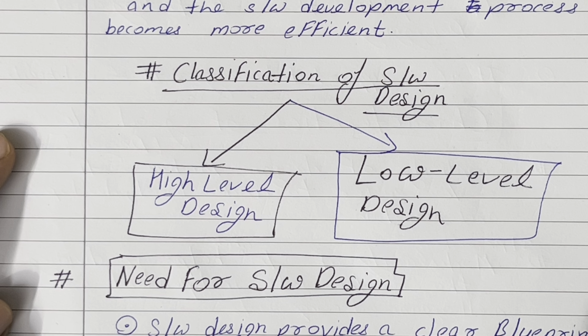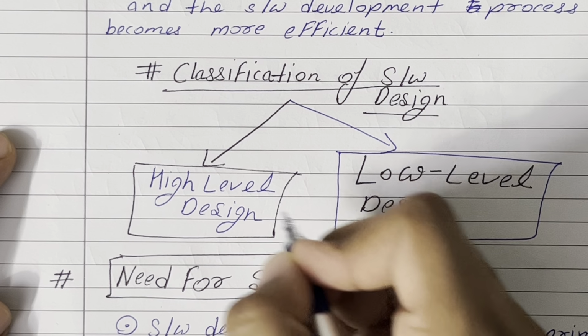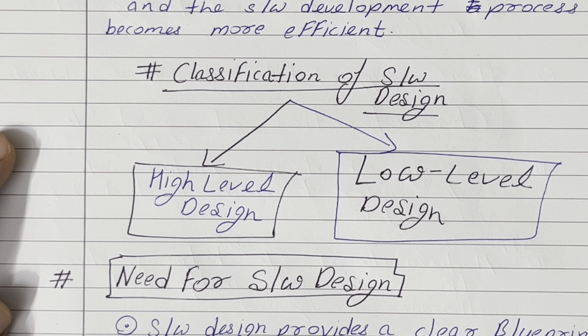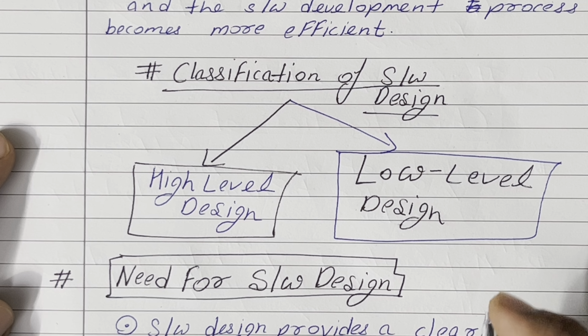Apart from that, HLD or high level design acts as the architectural foundation of the software project, and it helps the software architects, project managers, developers, and clients to understand the overall architecture of the application before the development begins.